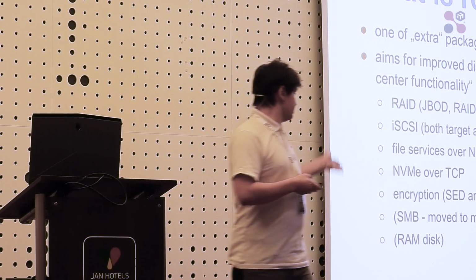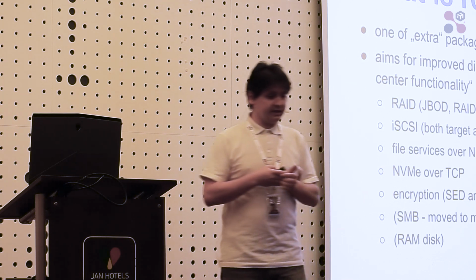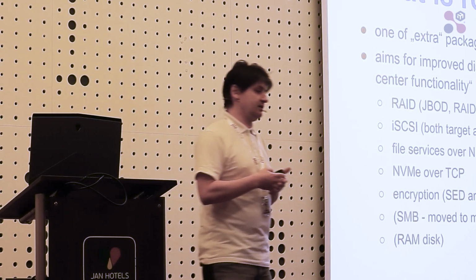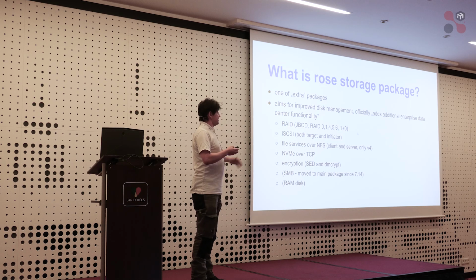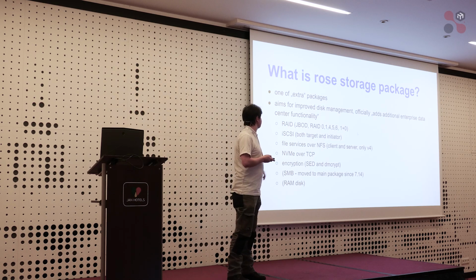And RAM disk is also in brackets because generally you can have a disk of the type tmpfs without ROS storage, or at least the command line offers you to set this type.